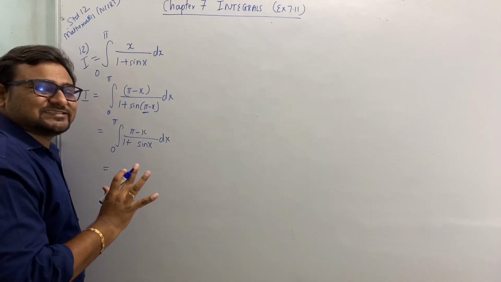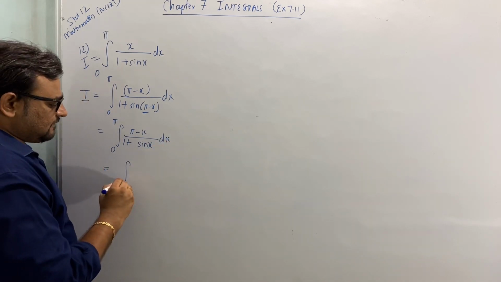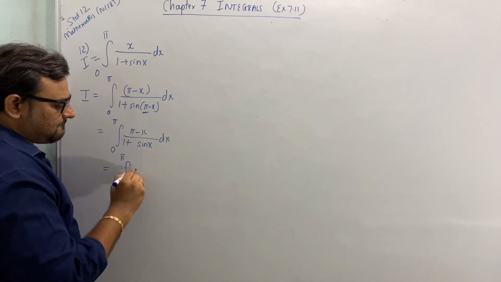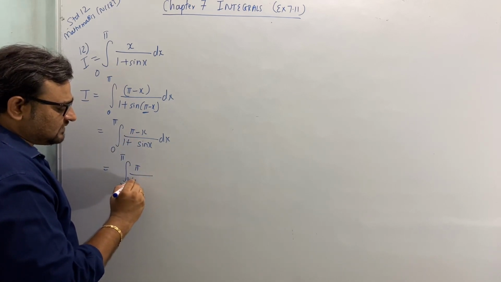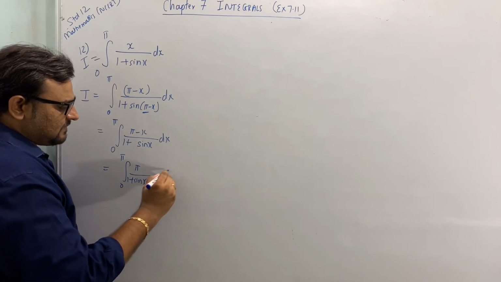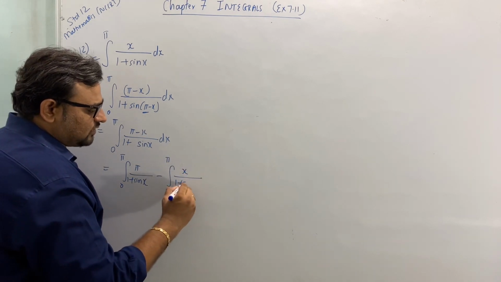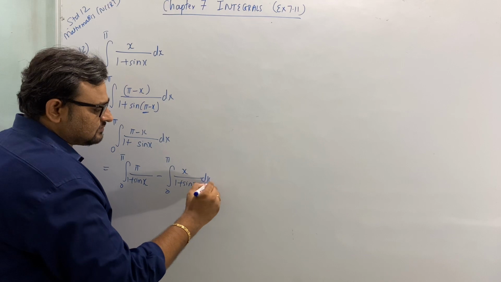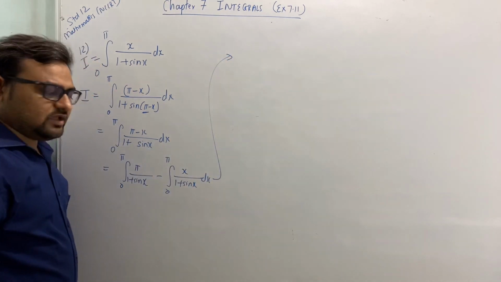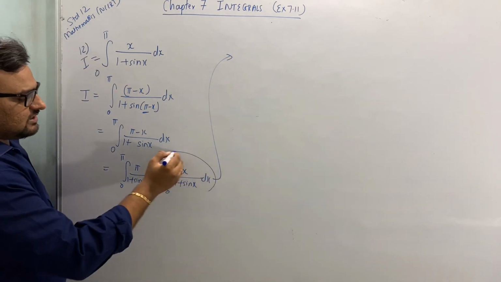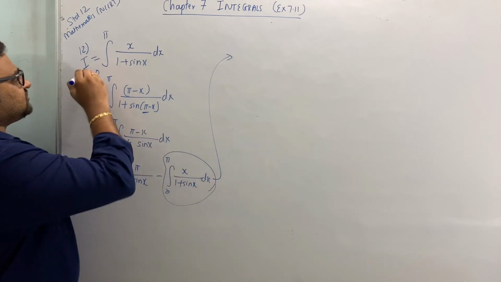Let's separate it: integral from 0 to pi of pi upon 1 plus sine x minus integral from 0 to pi of x upon 1 plus sine x. Okay, so this is your question I.